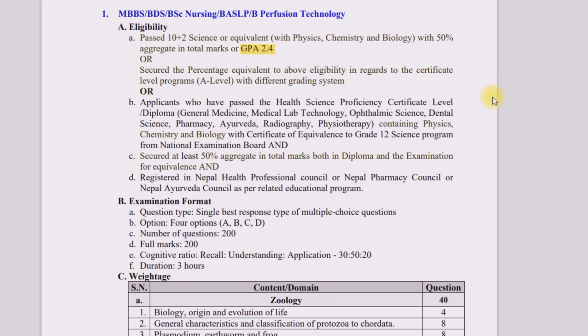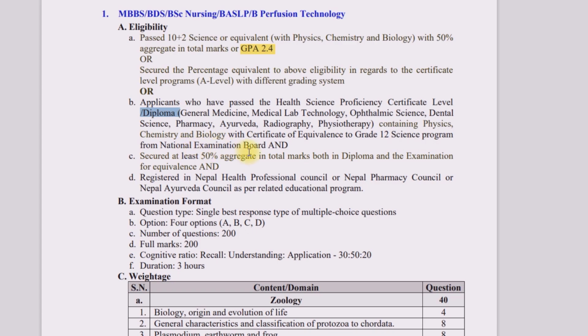And for applicants who have not done 10+2 after their SLC, but have done diploma type courses in medical lab technology, ophthalmic sciences, general medicine, Ayurveda, pharmacy, all these things, they need the certificate of equivalence to grade 12 science program from the National Examination Board or the NEB.